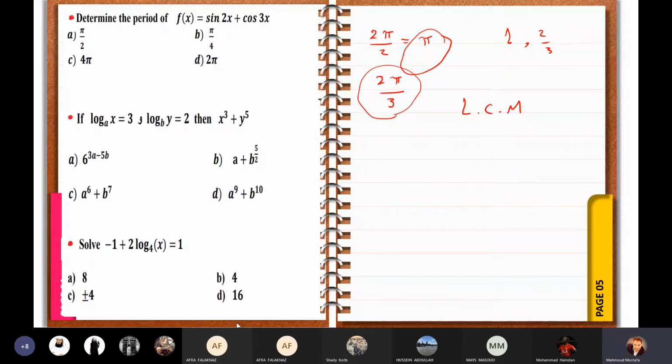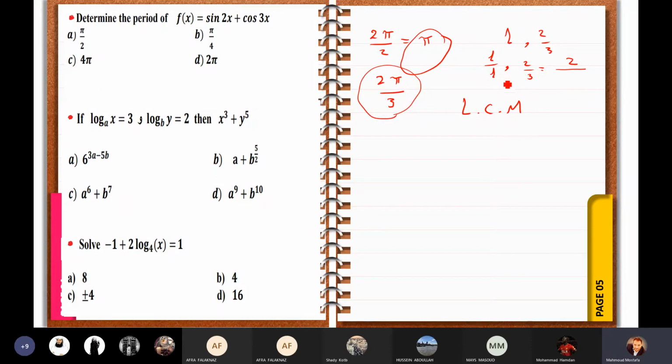Okay, I will tell you. If you have fractions, like 1/1 and 2/3, we take the least common multiple of the numerators, which is 2, and the highest common factor of the denominators.